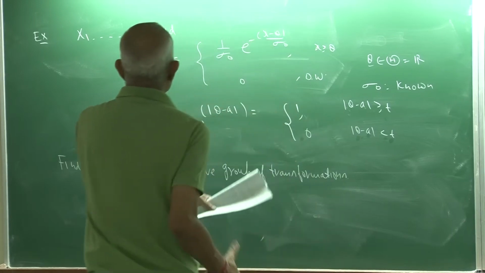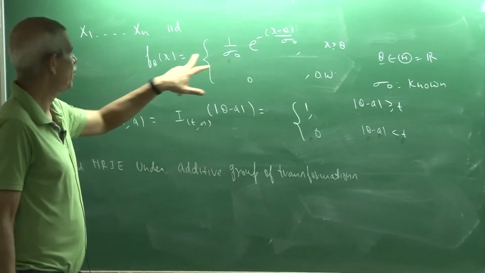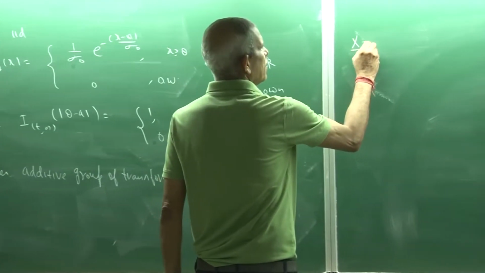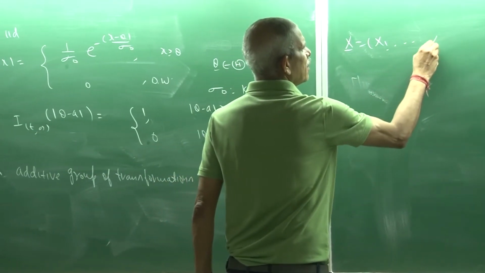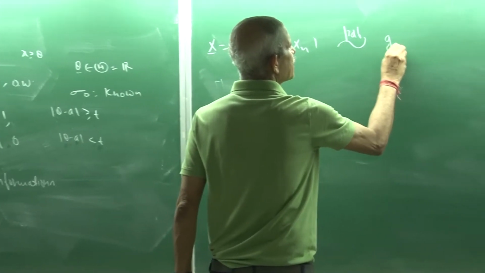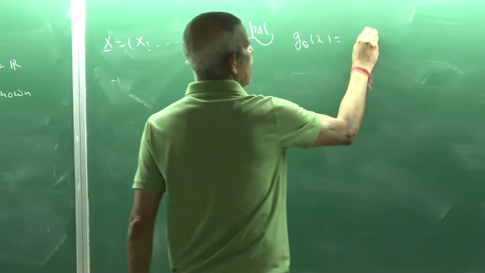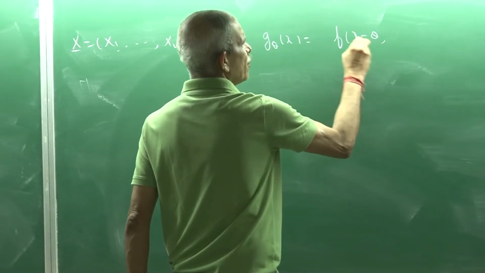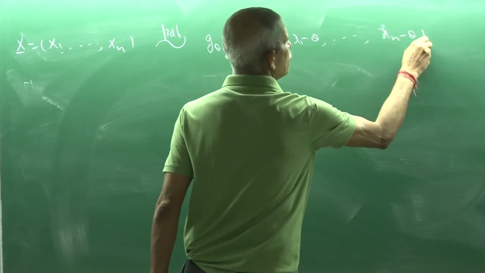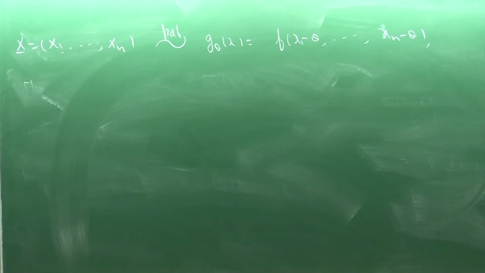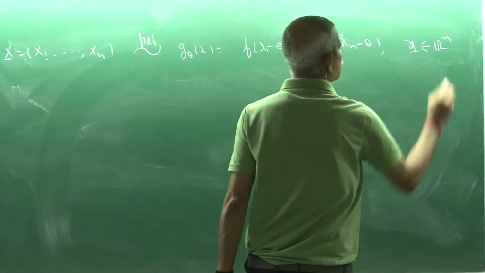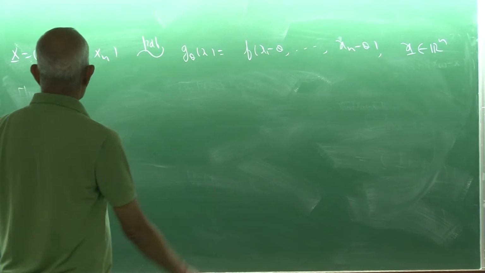One can easily see that this belongs to the location family. So my X, the vector X1, X2, ..., Xn, has a PDF g theta x, which is f of x1 minus theta, ..., xn minus theta, because that is what I have to see. X belongs to R^n, and theta belongs to capital Theta.